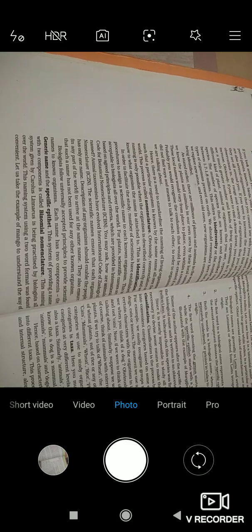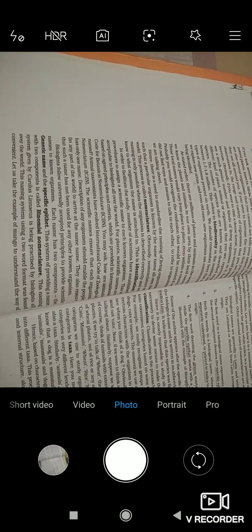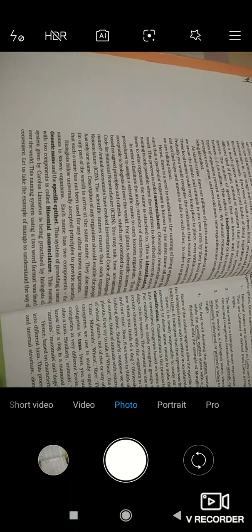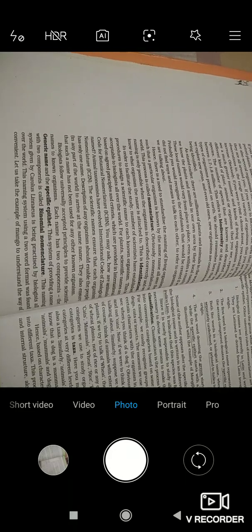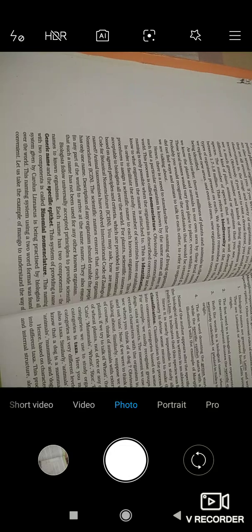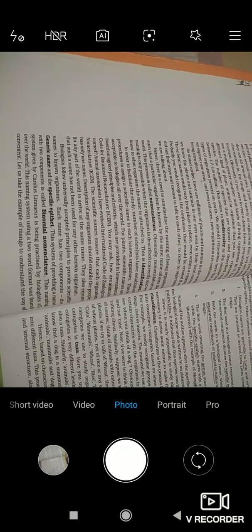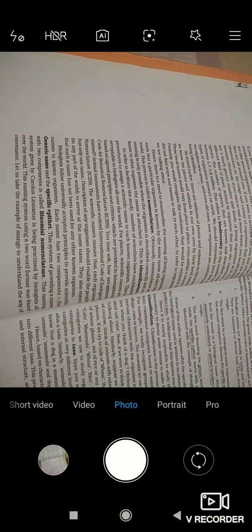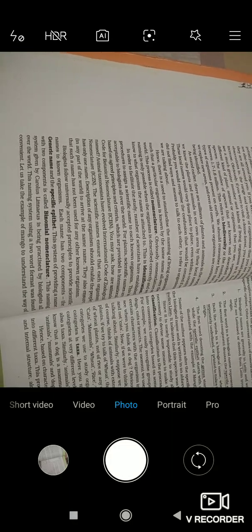Biologists follow universally accepted principles to provide scientific names to known organisms. What happened, guys? There are many organisms in this world, and to name them there should be some kind of principle. There should be some kind of process to name each organism one by one to get them known.